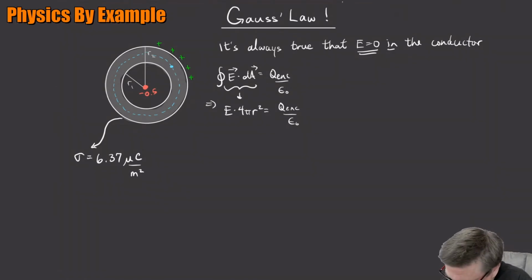Now, I know that the electric field at that point, at that R in between R1 and R2, has to be zero, because I'm inside the conductor. So that means the enclosed charge has to be zero.